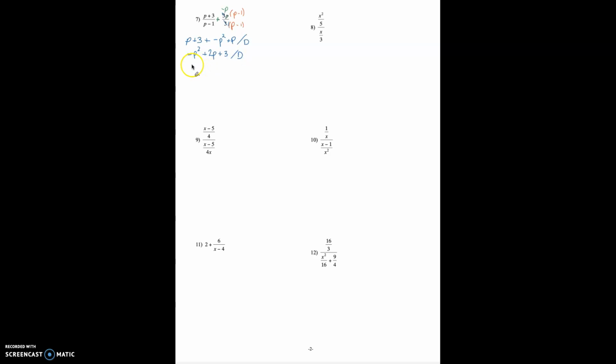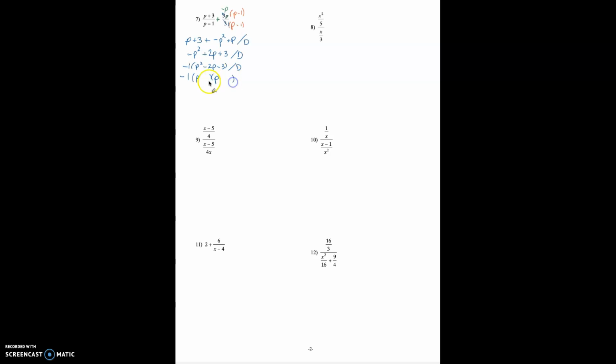I like factoring out my negative 1, so I'm going to do that. So I have p squared minus 2p, and then minus 3. Let's check if we can factor this trinomial. So I'll put a p down and another p.